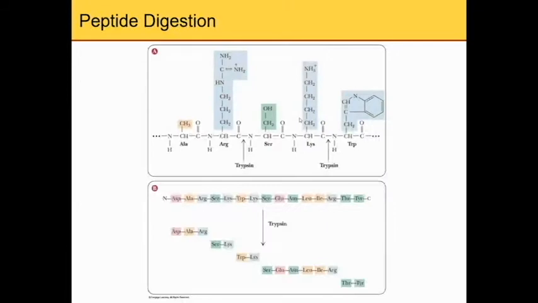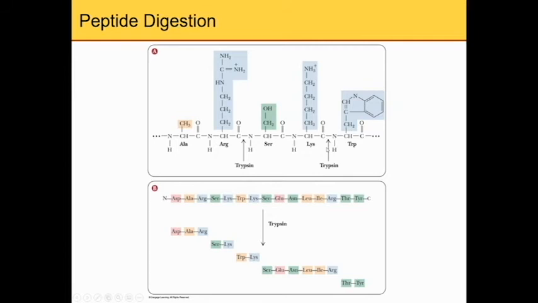Okay. So by using these different enzymes and the chemical reagent, we can degrade this long peptide and make it into smaller pieces, and then you can determine their sequence. All right. So here, for example, you apply trypsin.